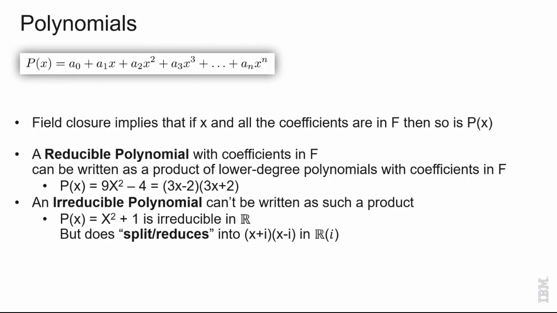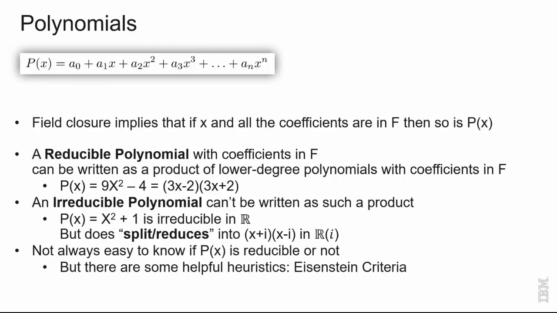So the question of whether your polynomial is reducible or not depends on what coefficients you allow yourself to use in the reduction. It's not always easy to know if it's reducible or not. There are some heuristics. The Eisenstein criterion is used to determine if a polynomial is reducible in Q.